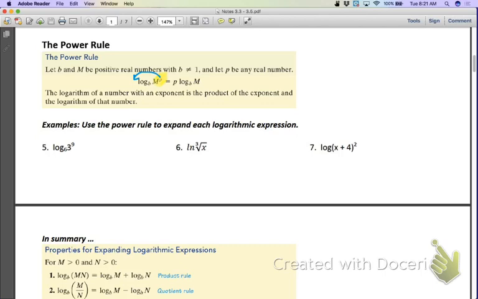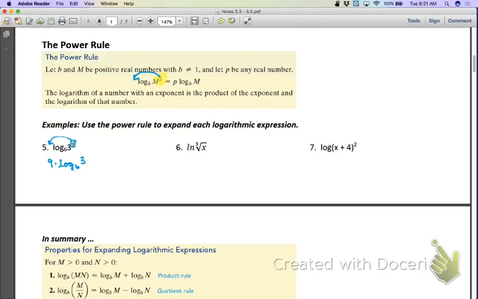So if I have log base 6 of 3 to the 9th, don't calculate 3 to the 9th; just take the 9, slide it out in front, so I have 9 times log base 6 of 3. I can't do anything with the 3 to have a base of 6.